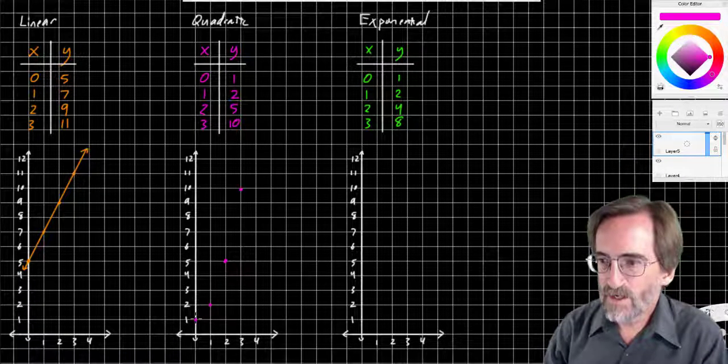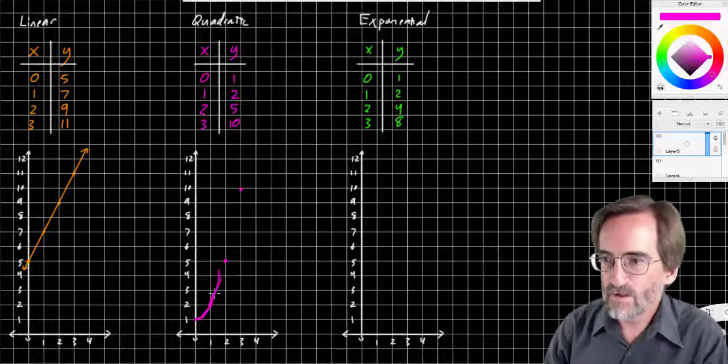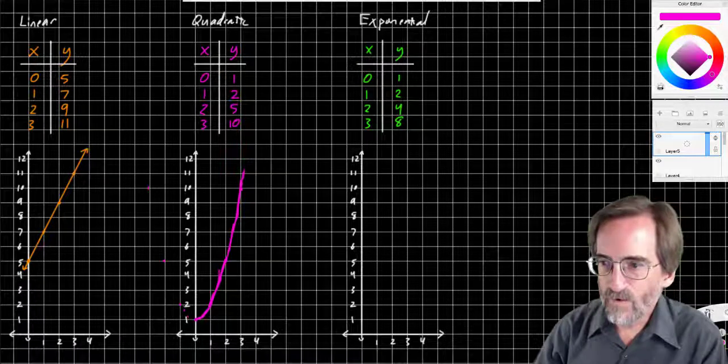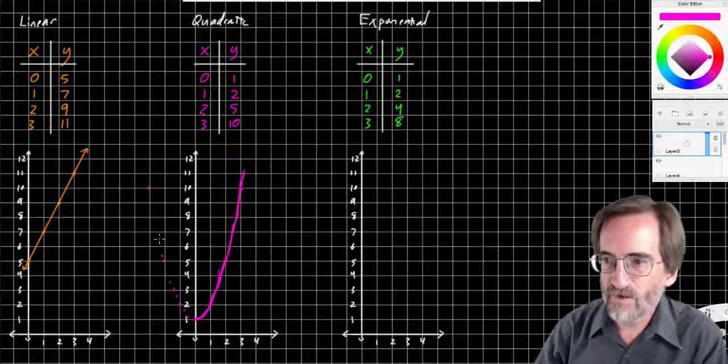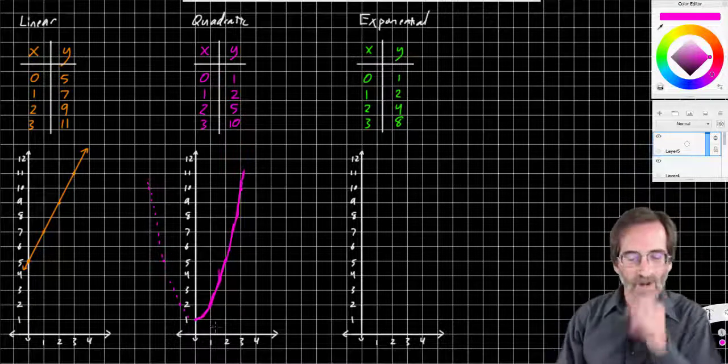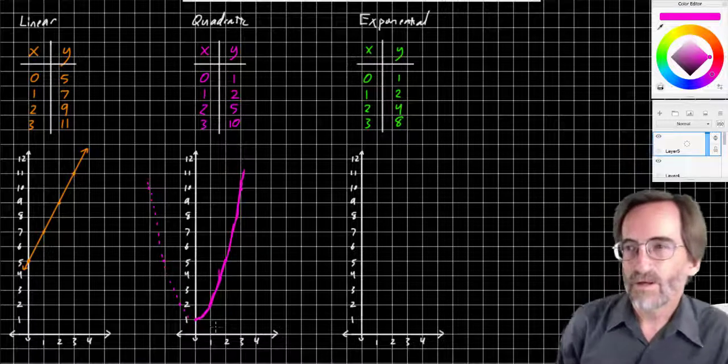And we get this kind of half U-shape going up. Now if we were to map the rest of it, it would be mirrored right here. We would graph the second half over here, but the second half is not given in the table. That shape is a parabola.